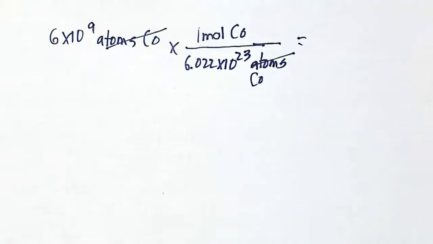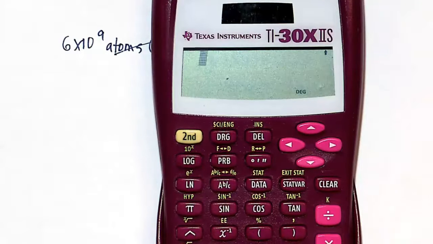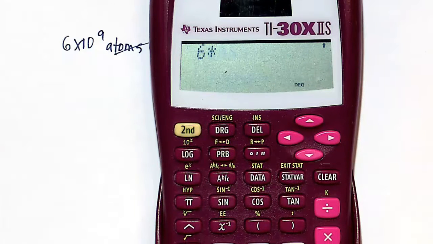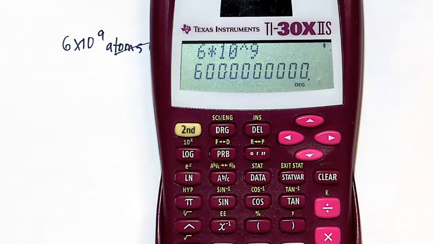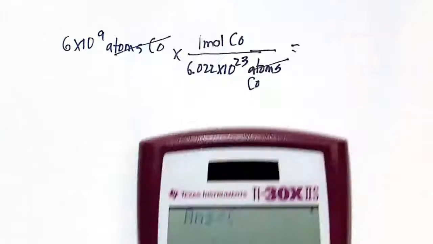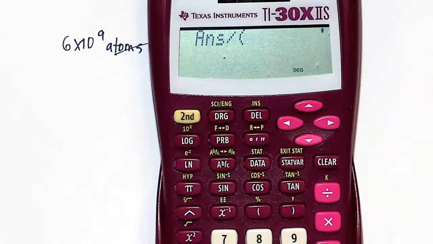So doing this on our calculator, the way you'll do this is 6 times, now I don't see an EXP button on my calculator on this version, so it's going to be 6 times 10 to the power of 9. There you see the 6 followed by the 9 zeros, divided by Avogadro's number, 6.022 times 10 to the 23rd.